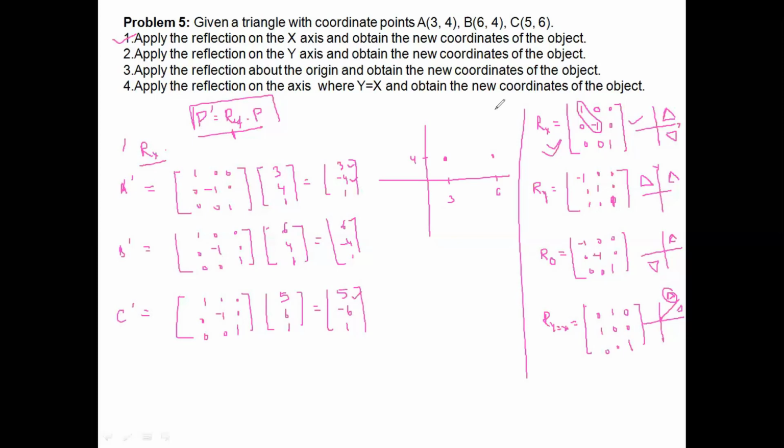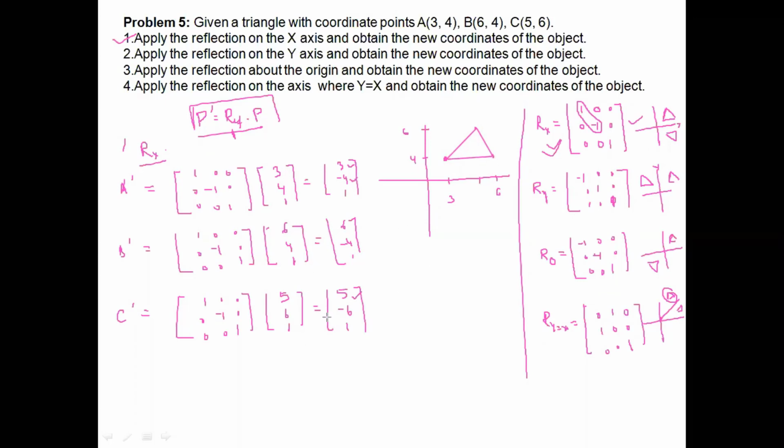And then 5 6, so 5 will lie here, and this is 6. So the triangle will be drawn. Okay, so this is the original triangle.